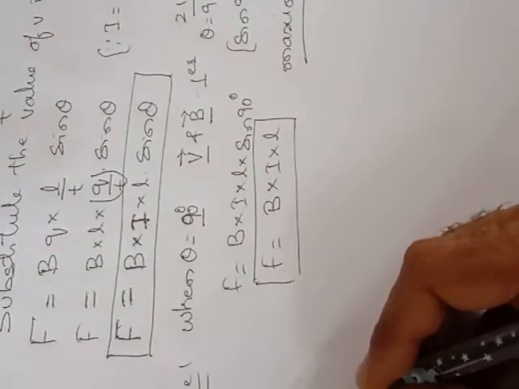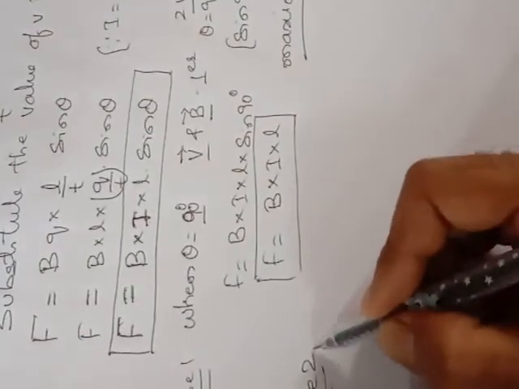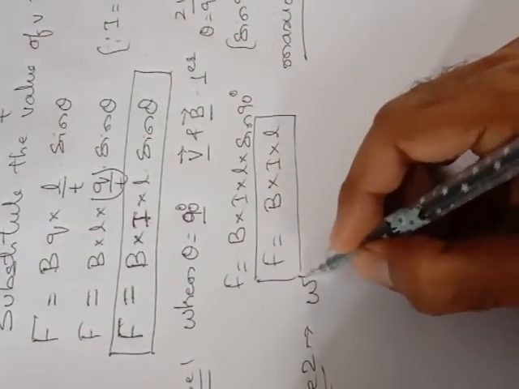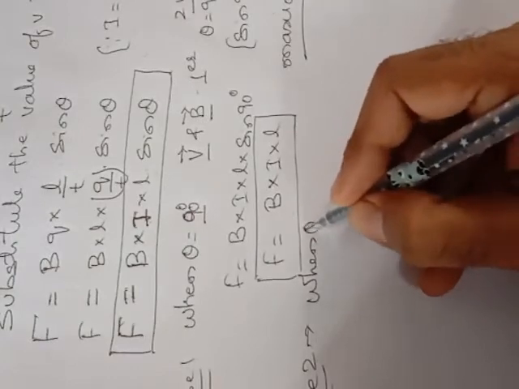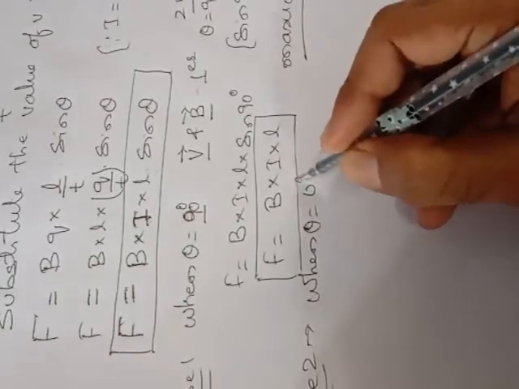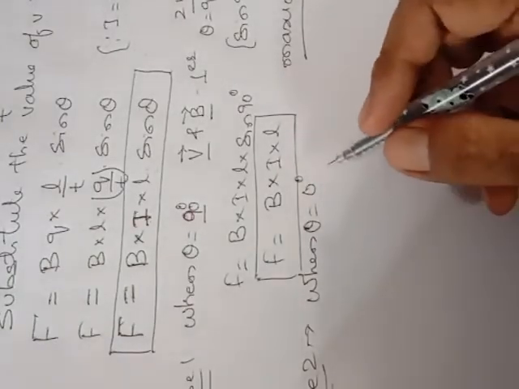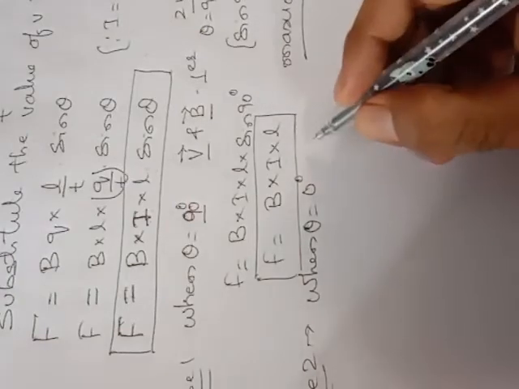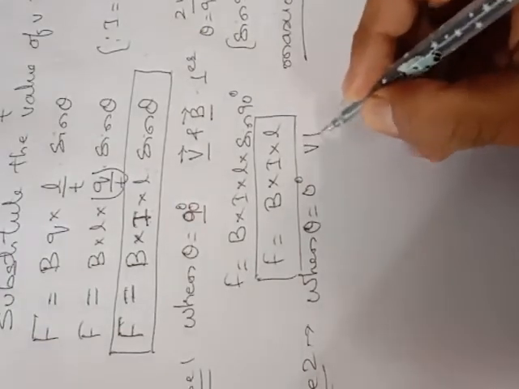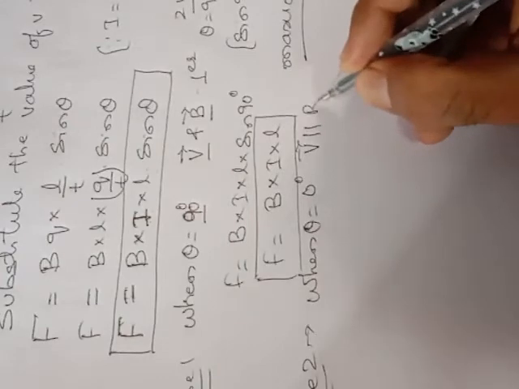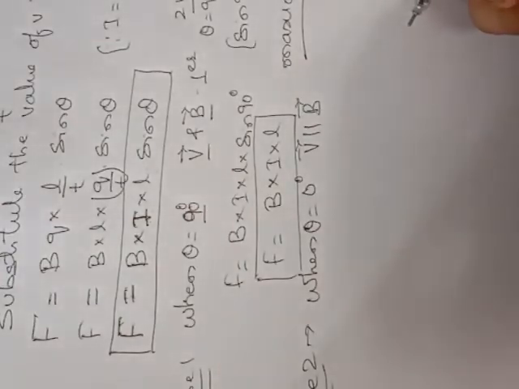Now case 2. What does case 2 say? When theta is equal to 0 degree, means if V is parallel to B. Okay?